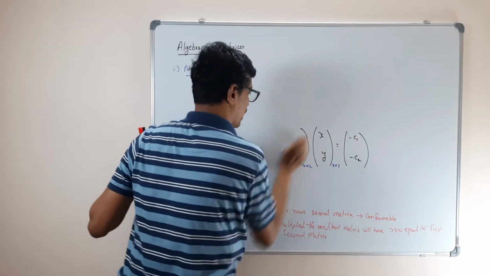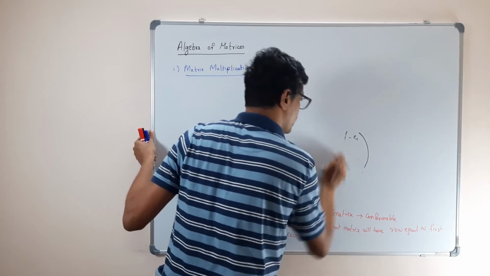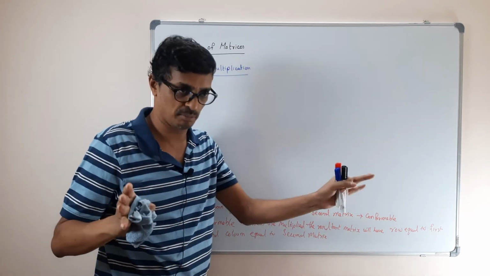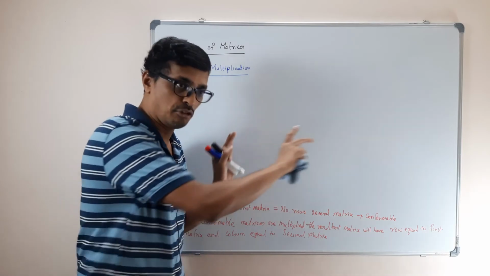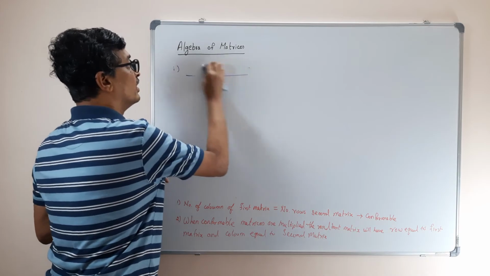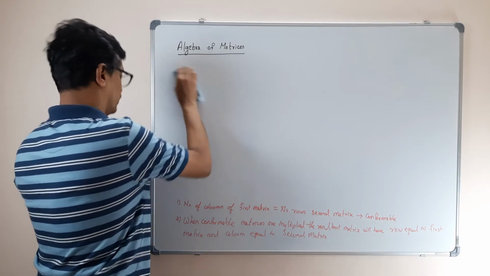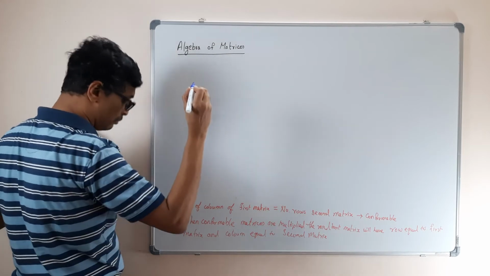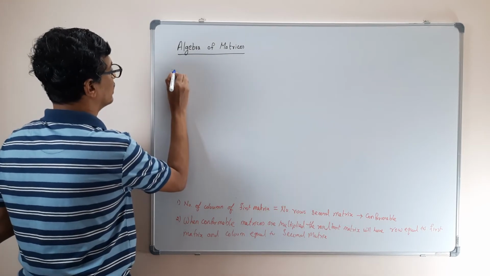So I am going to have two equations. The point is we saw what the multiplication means, and we saw what the equal matrices is. Now I am going to write the addition of matrices.